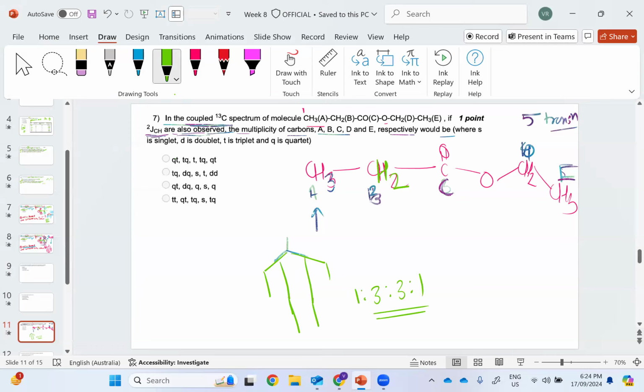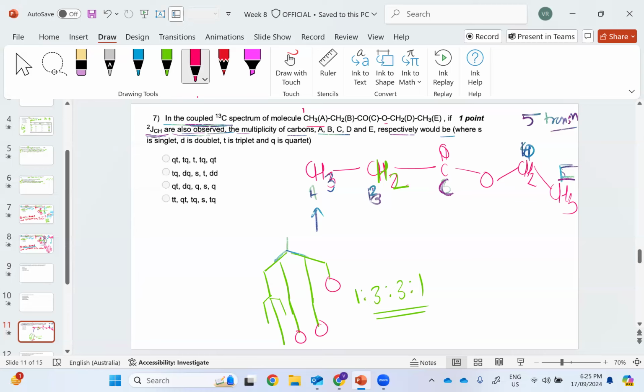So I will just take this line A. This will split again into a triplet because there are two protons available. Similarly, you can show the splitting for this as well as this.